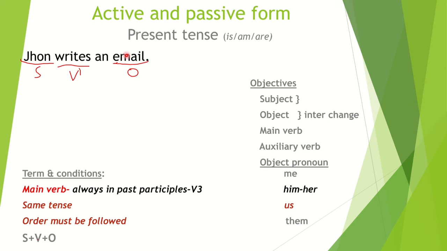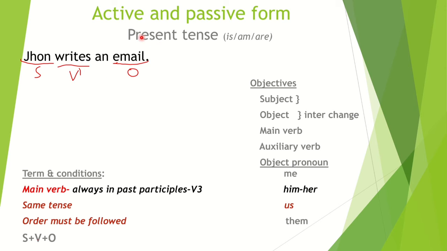Who is doing the action over here? John, our subject. Okay, who is the doer of the action? John, our subject. Object is on which the action is done upon. Okay, now you have cleared. Now, I'm going to change the passive voice, okay, in the present tense.